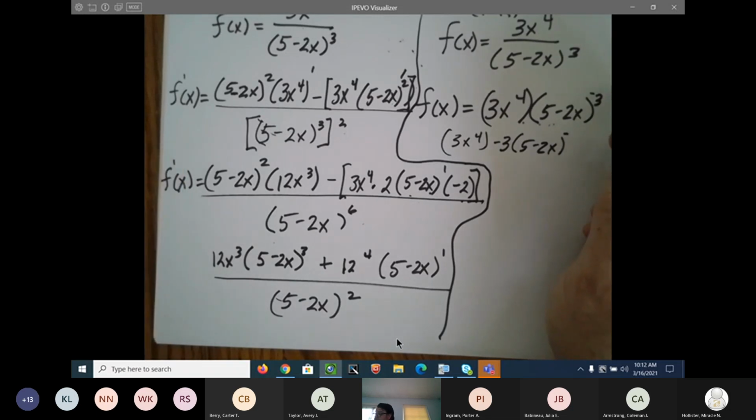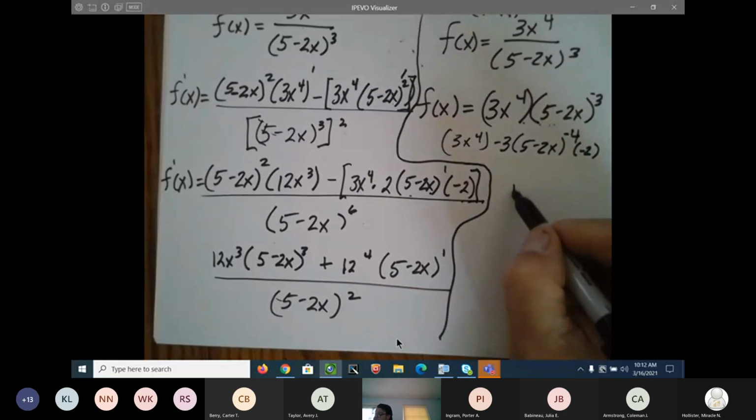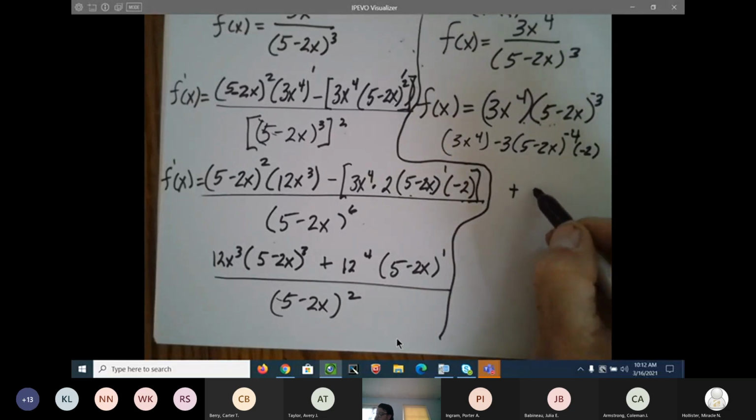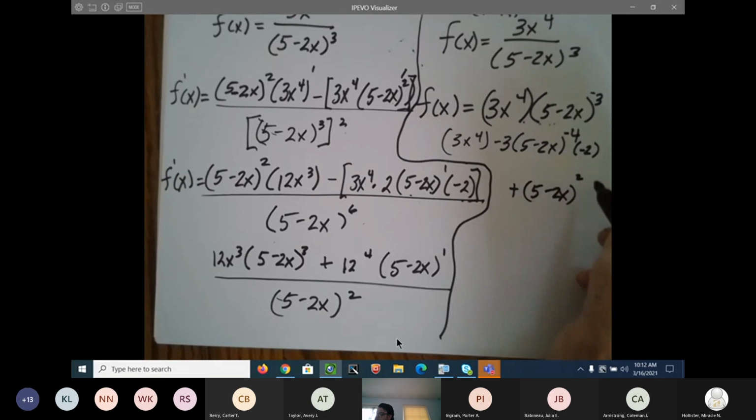Let's see, no, that's going to be negative 4 times the negative 2x, or negative 2, plus the second, 5 minus 2x quantity squared, times the derivative of the first, and the derivative of the first is 12x to the what?